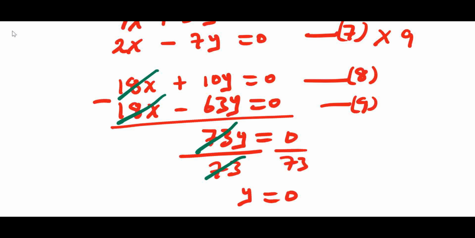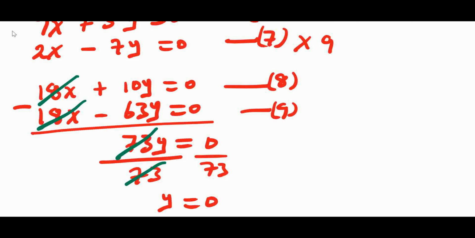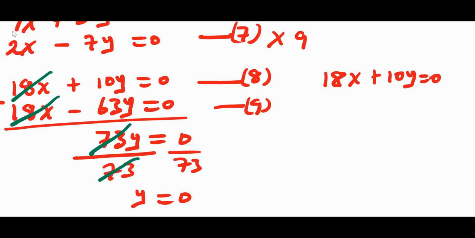So at this point, we can substitute the value of y into any of the equations. So we can substitute that into equation 8. So equation 8, we have 18x plus 10y equals 0. So since y is 0, we can now have 18x plus 10 times 0 equals 0.